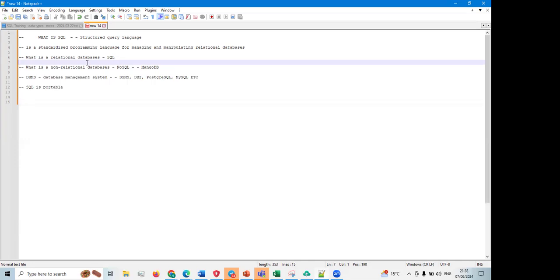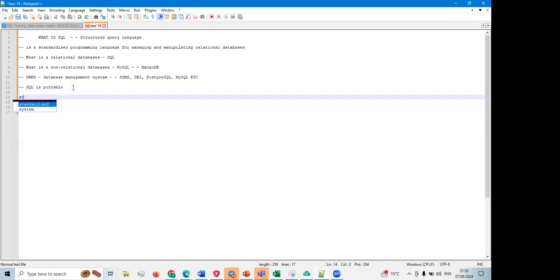So we know that it's a structured query language, right? Structured query language. So it has a structure. It has queries, and it is also a language. So let's break down the words.